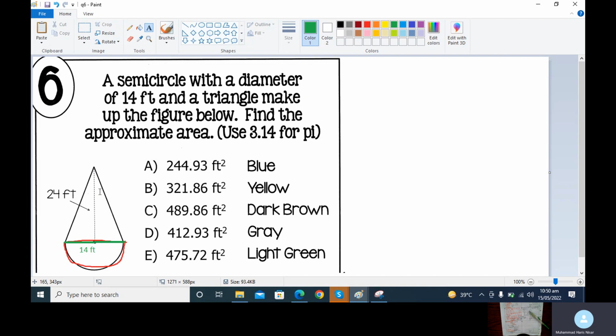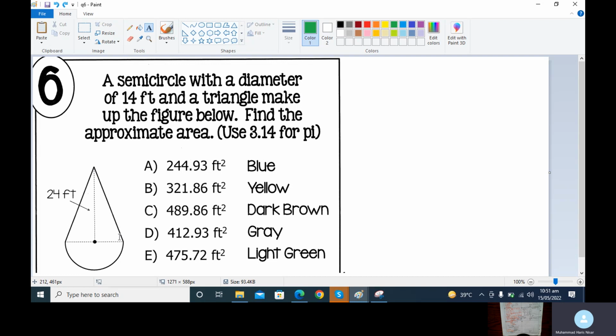Can you restart doing this problem? Can you start from the beginning? So there was an audio issue. Yes, I was saying that in this question it is mentioned that a semicircle with a diameter of 14 feet and a triangle make up the figure below.